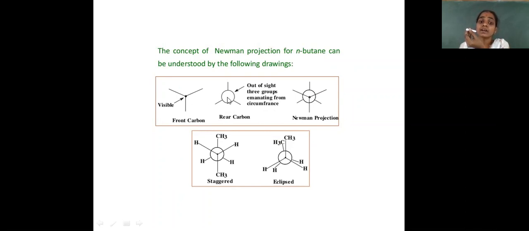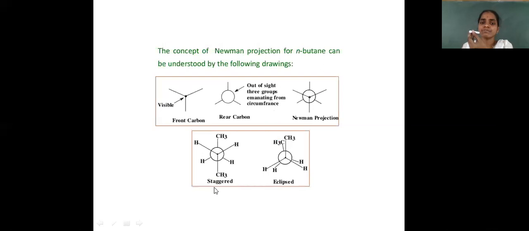So a point is the first carbon and a circle is the second carbon. When we combine the first and second carbon, we get the Newman projection. From the point 3 groups are radiating, and the second carbon is represented with a circle where 3 groups originate. This is the Newman projection.